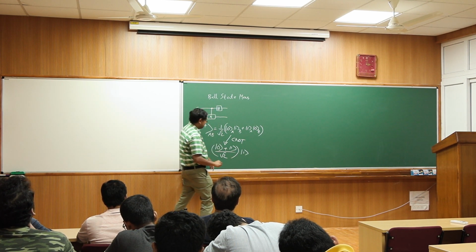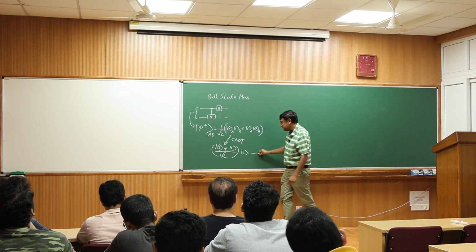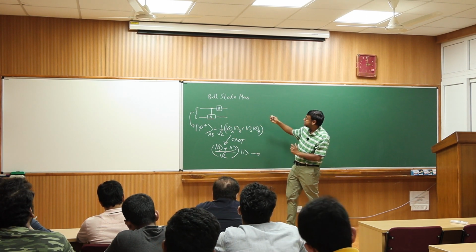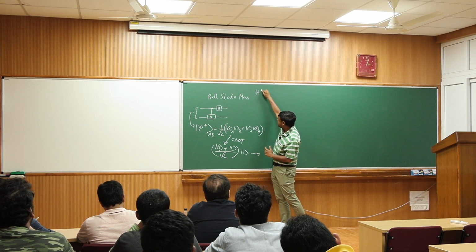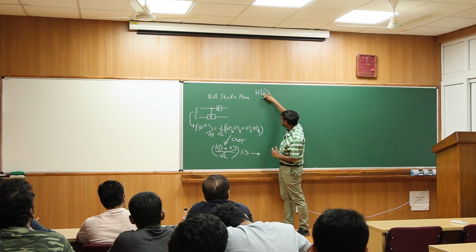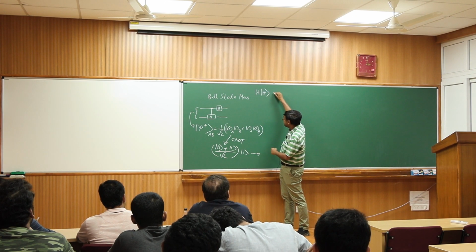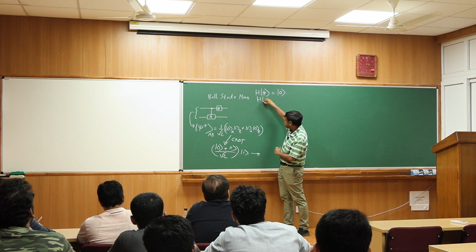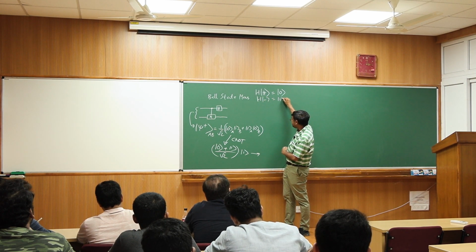And then the Hadamard takes 0 to 0 plus 1. This is a very famous operation in quantum computing. If you subject a plus state to a Hadamard, it becomes 0. If you subject a minus state, it becomes 1, and vice versa.